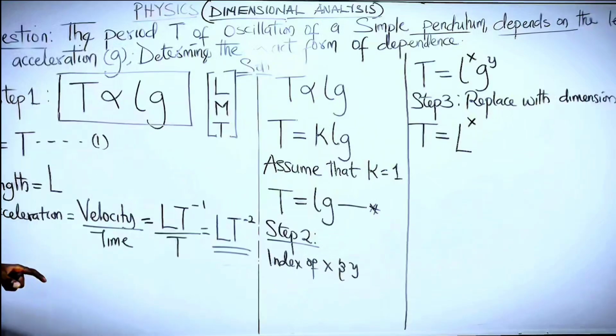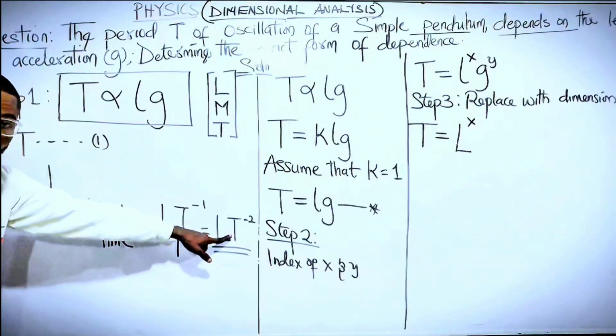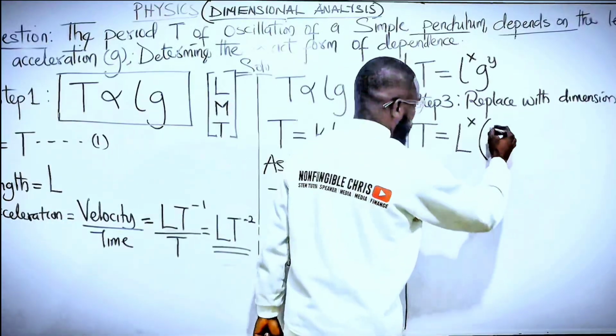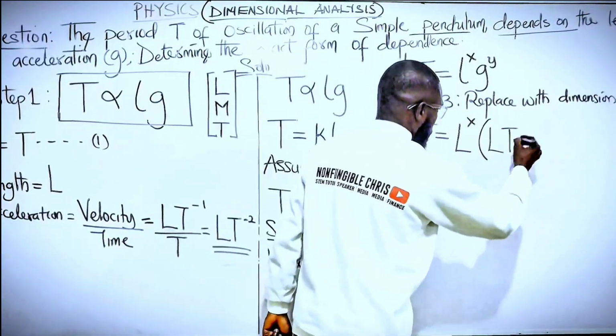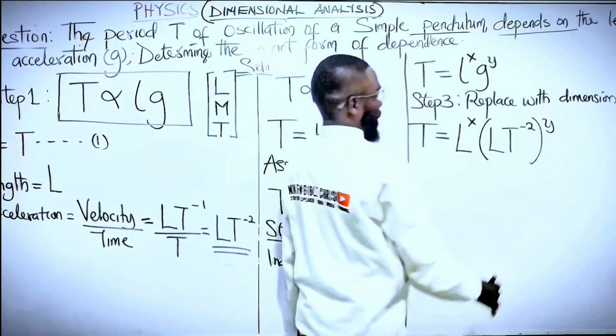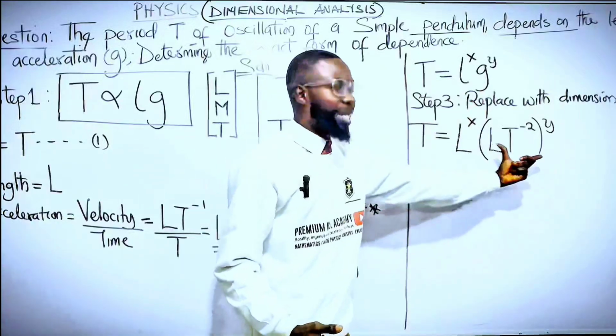But then the dimension for acceleration g is LT raised to the power of minus 2. So instead of putting g, I'll come here and put LT raised to the power of minus 2, raised to the power of y. I only replaced the values we have there with their dimensions, right?